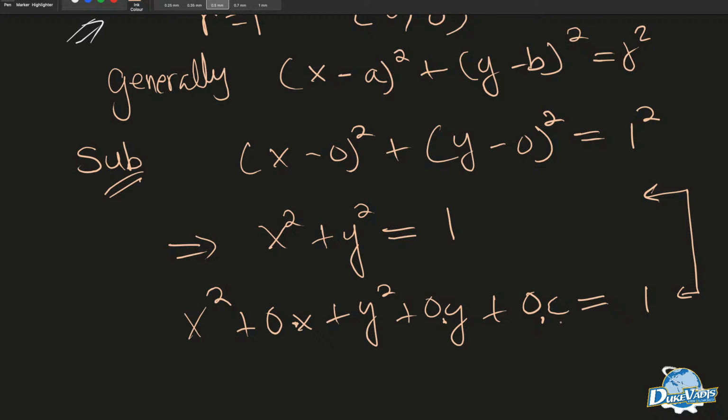If we've been given an equation and we've been asked to find the center and the radius, for instance, let's say we've been given an equation of the form (x minus 16) squared plus (y minus 7) squared is equal to 18.